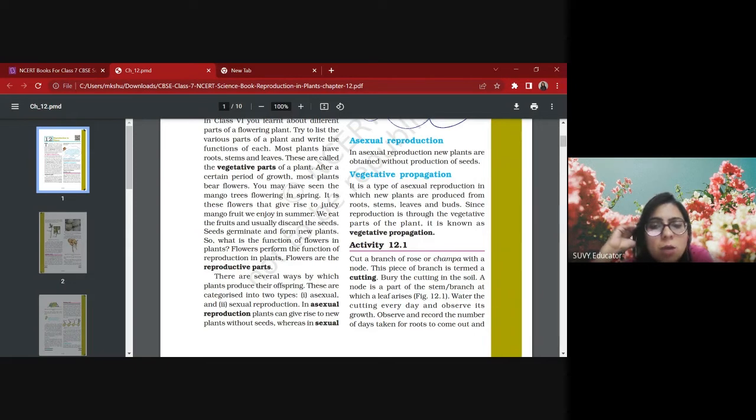How do these fruits and flowers come? Does anybody just pick those flowers and fruits and put them on the trees? No, it comes from the process known as reproduction, which we are going to discuss here, right? So the parts of the plant like roots, stems, and leaves are known as the vegetative part of the plant. After a certain period of growth, they bear fruits and flowers.